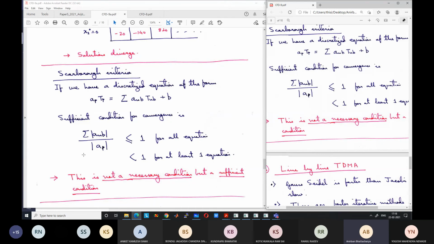Okay. It means it cannot be equal to 1 for all equations. If it is equal to 1 for all equations but less than 1 for at least one equation, then we are okay.